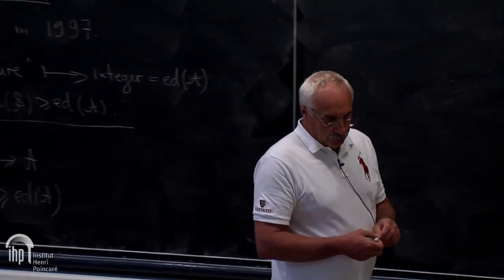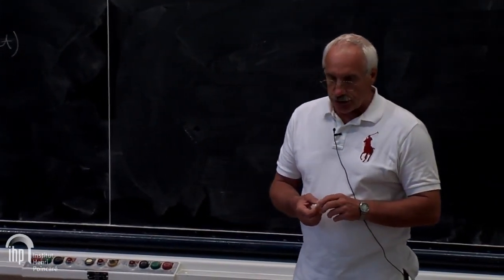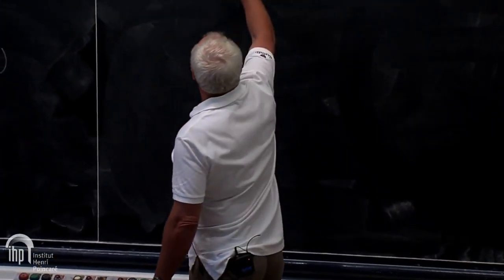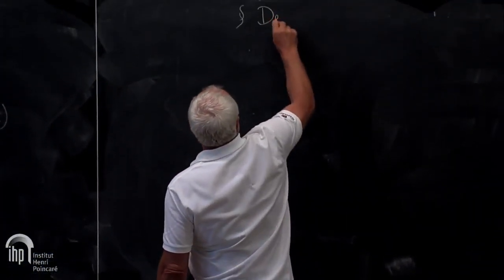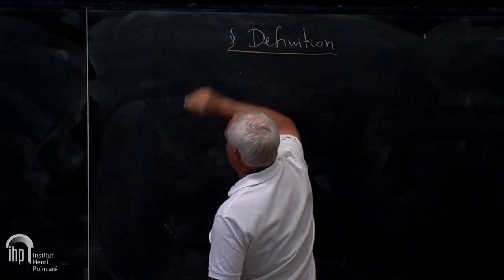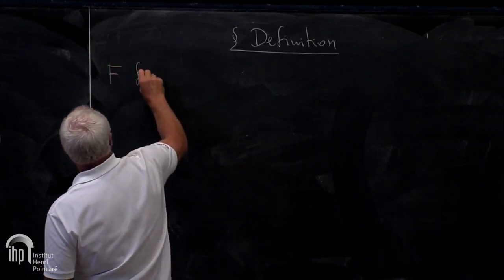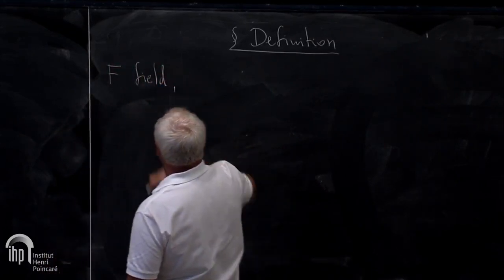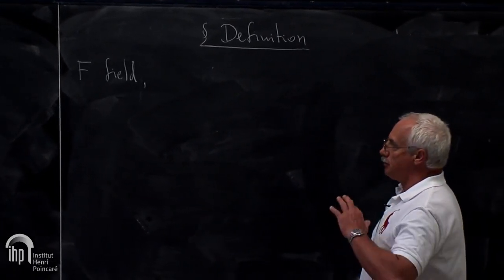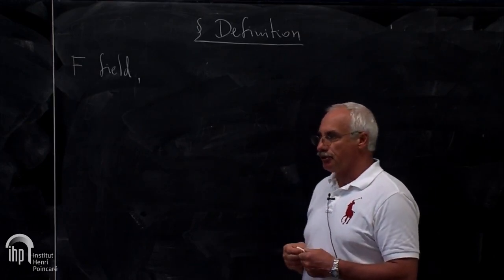Well, I would like to start with the definition of the essential dimension. It is very, very general and a bit boring. So first of all, we fix a ground field F. And we consider structures which admit the base change operation.